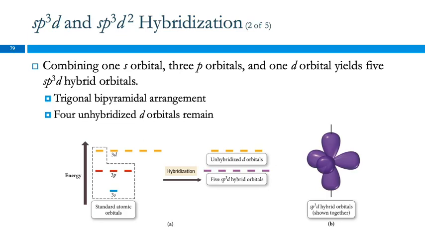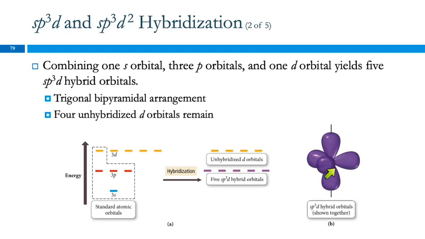How do 5 things spread out in space? What do 5 balloons make? Remember the name of that? Trigonal bipyramid, right? And they even look like balloons. But again, it's important to remember that each of these purple balloons is the big lobe of one orbital.